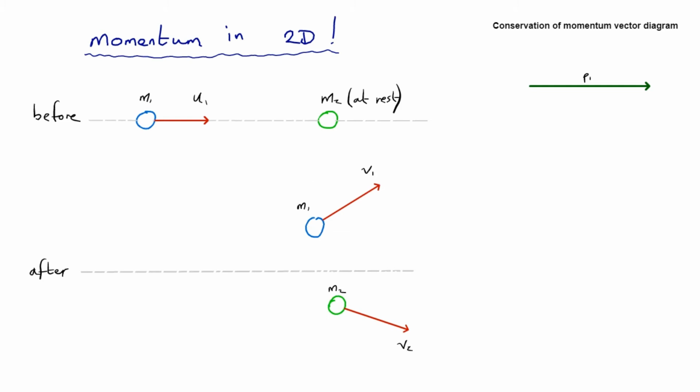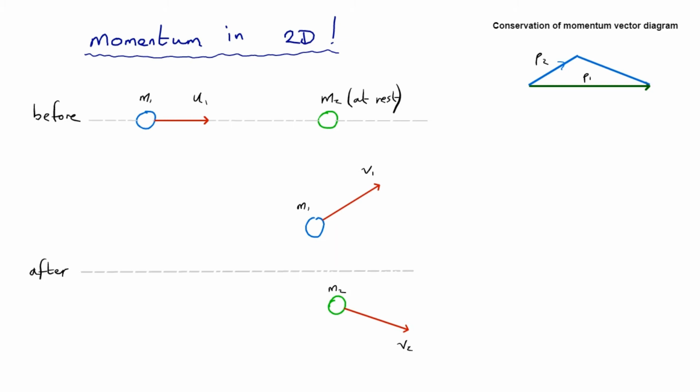In other words, I can do something like this. If I draw the vector due to the m1 v1 ball after the collision, that's moving kind of up with something like this. So I'm going to put an arrow there, and I'm going to call that p2. So that represents the momentum of this object. But there's another body now, and that has a momentum pointing down at roughly that angle.